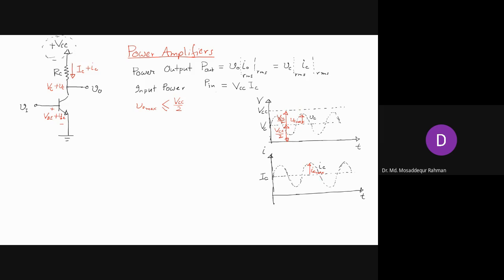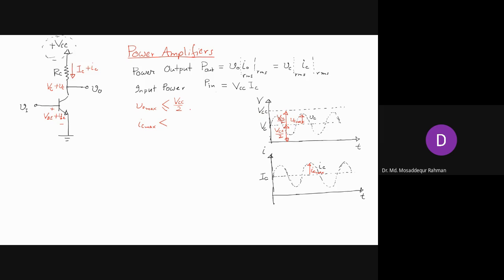For the collector current, same goes. Here you see that IC max, the maximum value of the current, should be less than the bias current IC, otherwise your current will get truncated. Sir, can we represent this VCC by 2 in terms of VCC minus VC? Yeah, that's also okay, but VC is set at half of VCC, right?